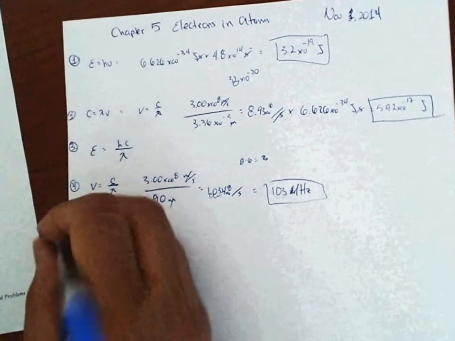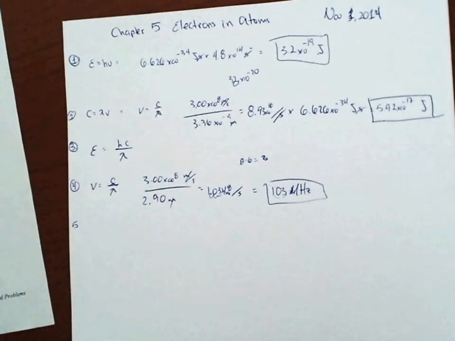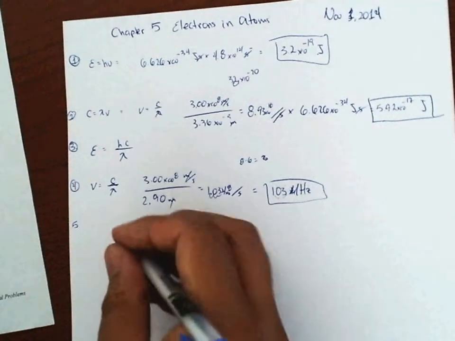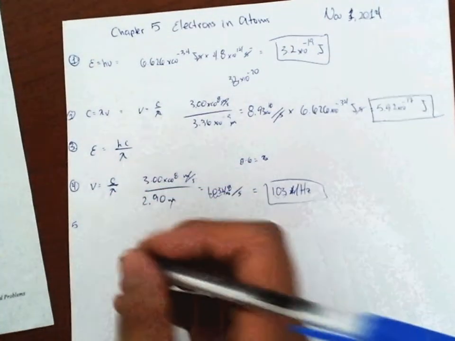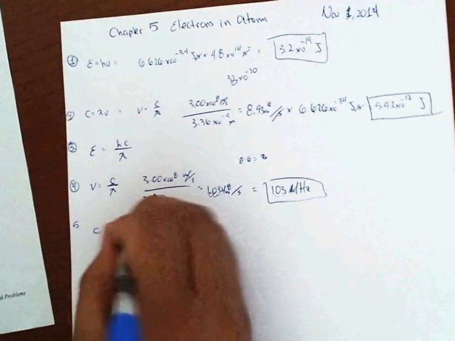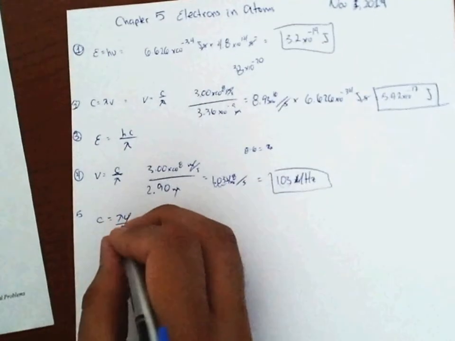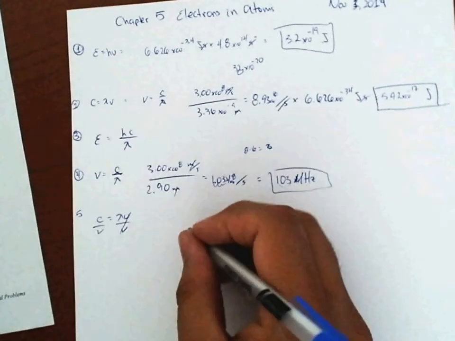All right, number 5 is whatever you want to put down. My favorite radio station is 88.7. Not really, it's the only station I know. So I'm going to have the equation c is equal to lambda v. I'm going to get v alone, cancel that out, and divide both by v.